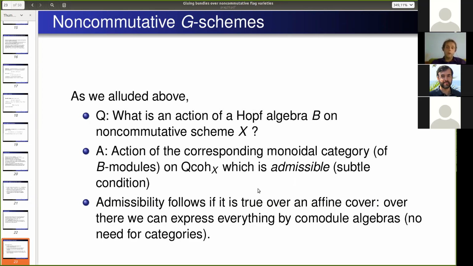In the affine case, you have coactions on algebras, which are algebra maps. In this case, there are some other cases possible. This is the simplest case of the theory, and so you have global actions which on affine pieces are made of the familiar kind.